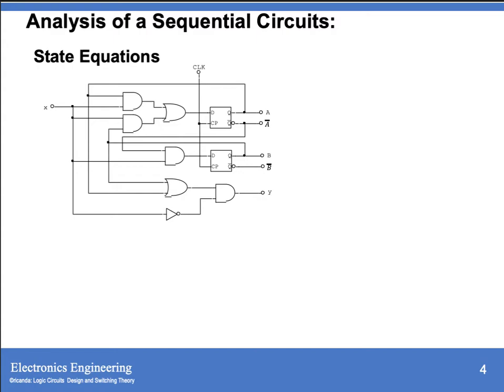It is connected with an OR from two AND gates, with one input of your first AND gate connected to A and the second input to X. In your second AND gate, the inputs are B and X. Therefore, the equation of your first latch is equivalent to AX or BX. For your second latch, it is connected with an AND with inputs A bar and X. So we have A bar X.